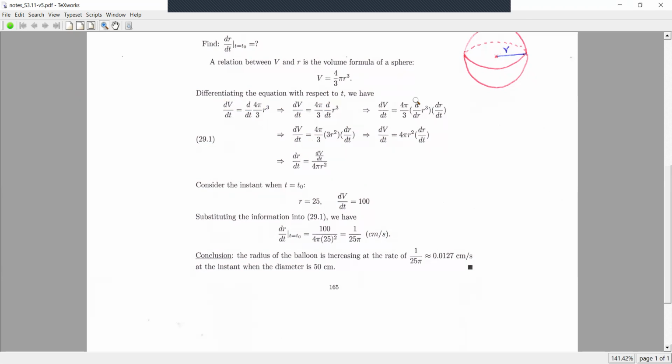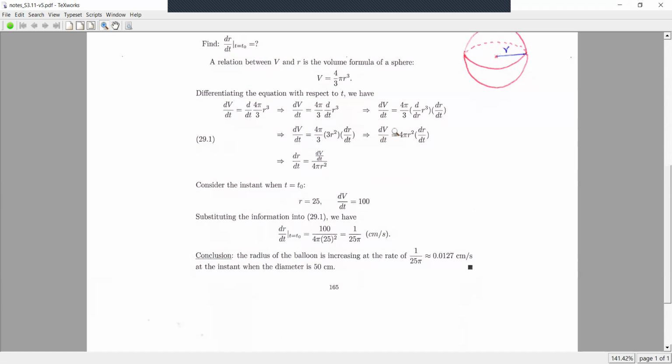The derivative of r to the third with respect to r, by the formula for power functions, is 3 times r squared. Now, simplify the right side a little bit by canceling the number 3.